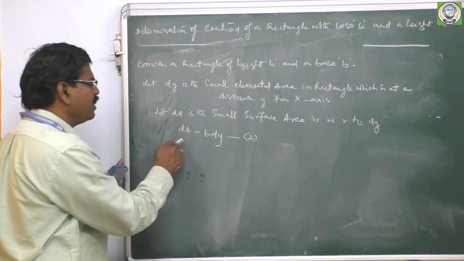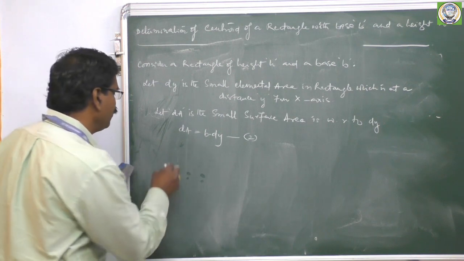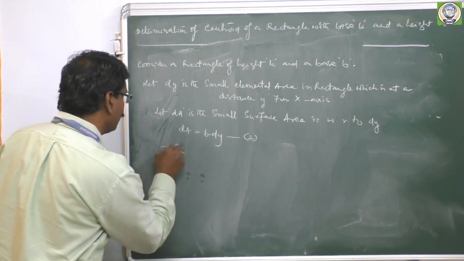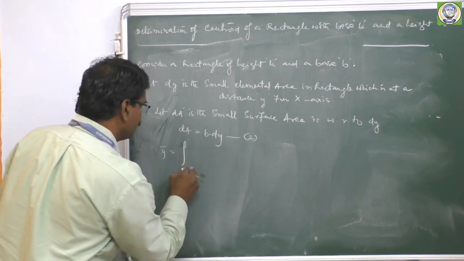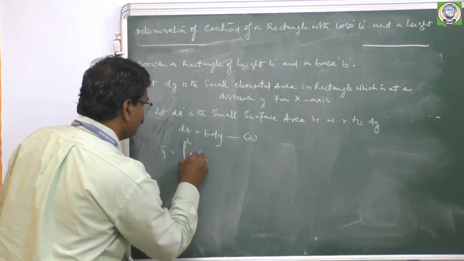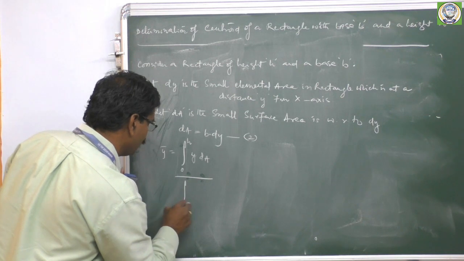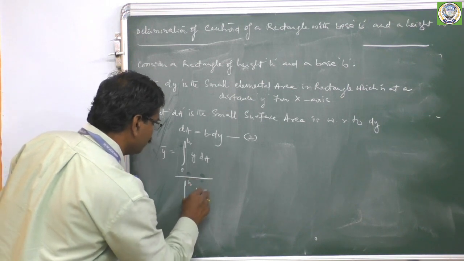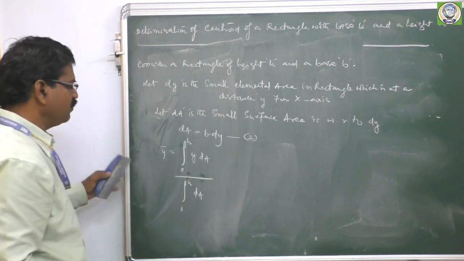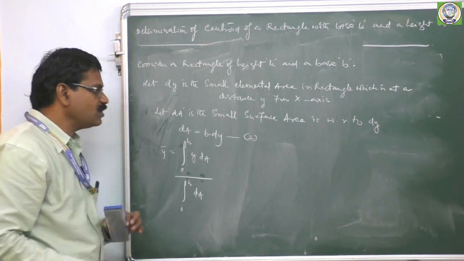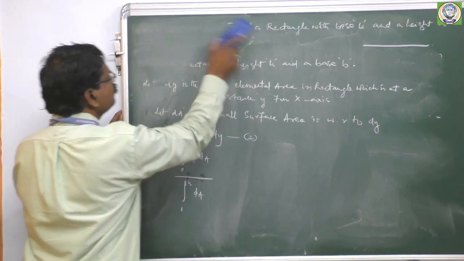Now, to find y bar, y bar is equal to integral 0 to h y dA by integral 0 to h dA. First of all, we will solve the denominator portion, that is like this.